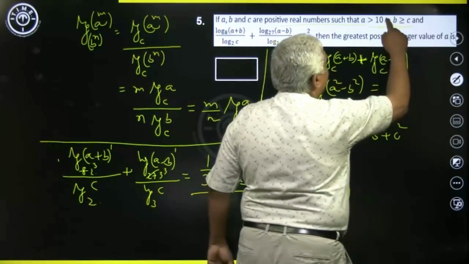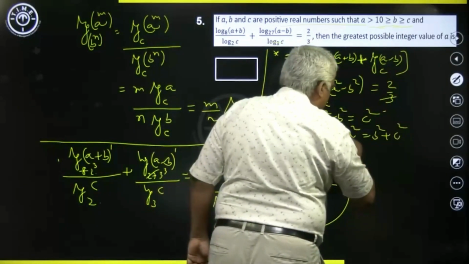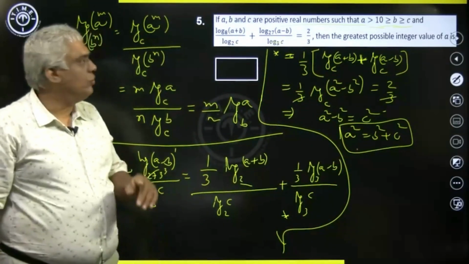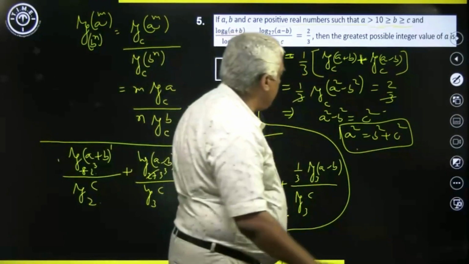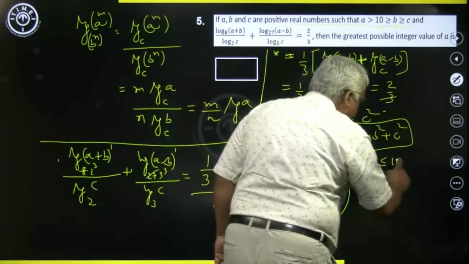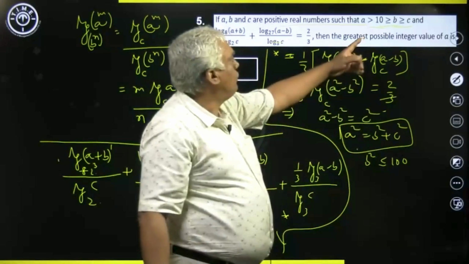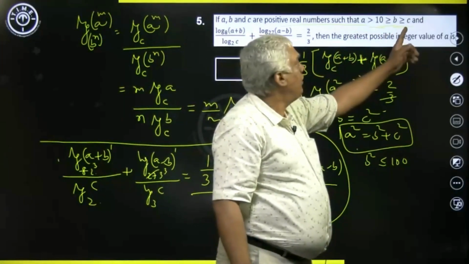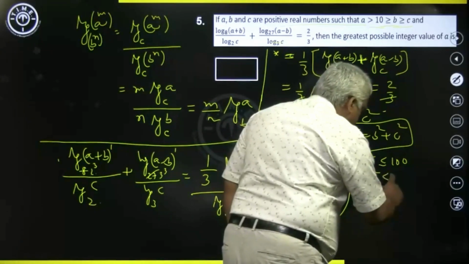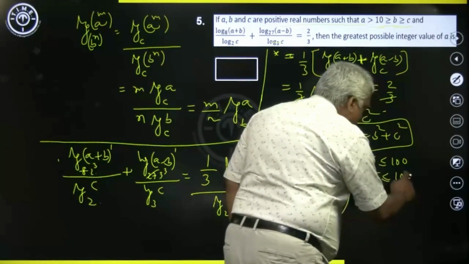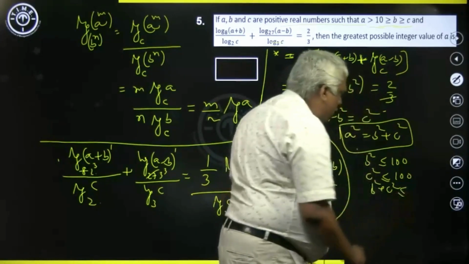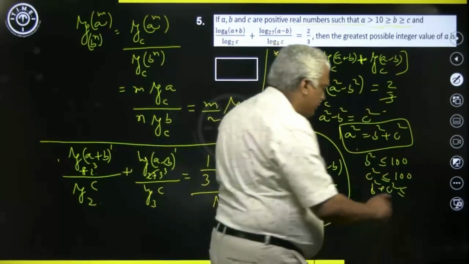Now, you see b is less than or equal to 10, so here we got a square equal to b square plus c square. b square is less than or equal to 100. c is also less than or equal to 10 because b and c can be equal, so c square is also less than or equal to 100. So b square plus c square is less than or equal to 100 plus 100, which is 200.